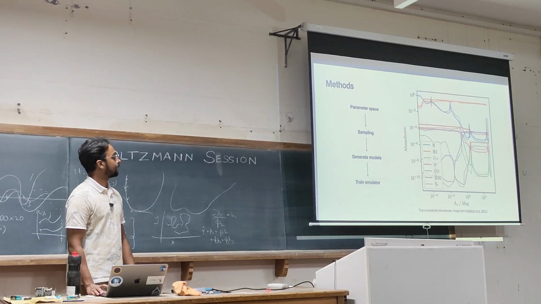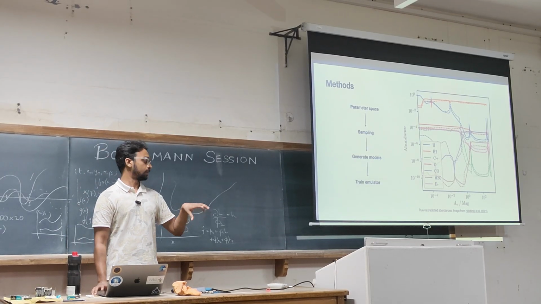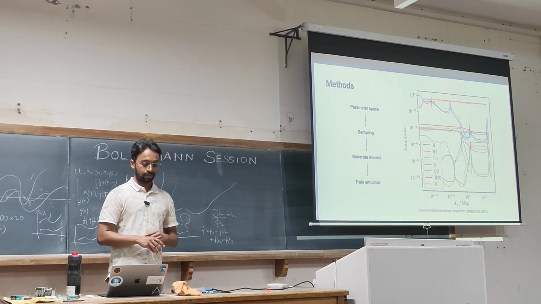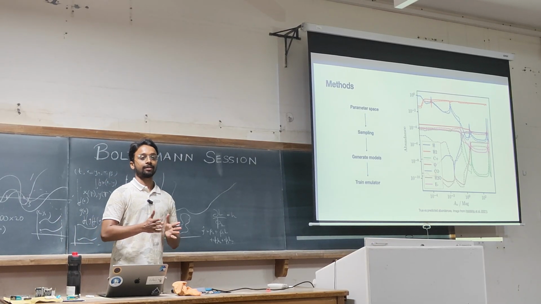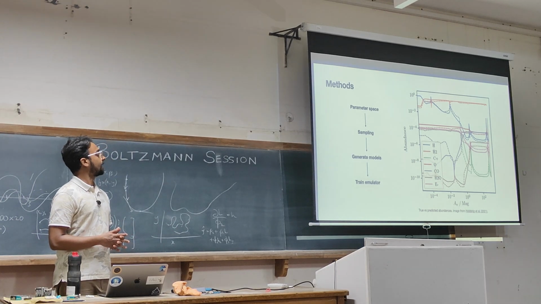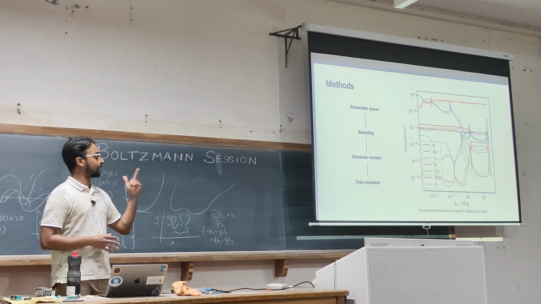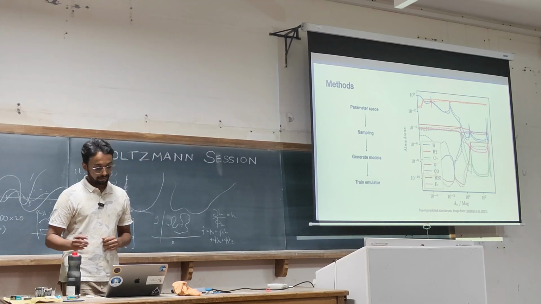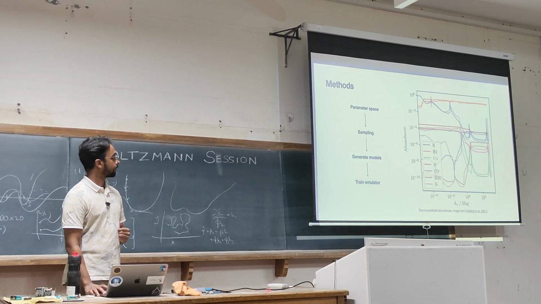The idea is that once you train an emulator on this, you can just provide initial conditions and let the emulator predict the dynamics of the system, taking advantage of the emulator's ability to get these predictions quite fast. That was the whole idea.